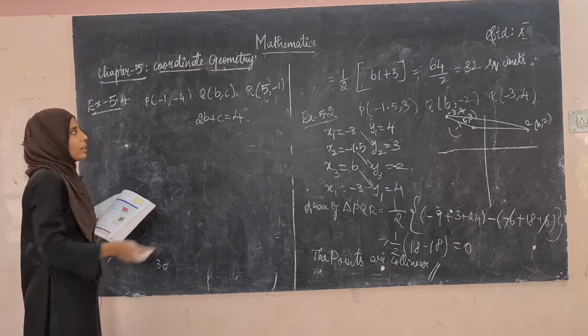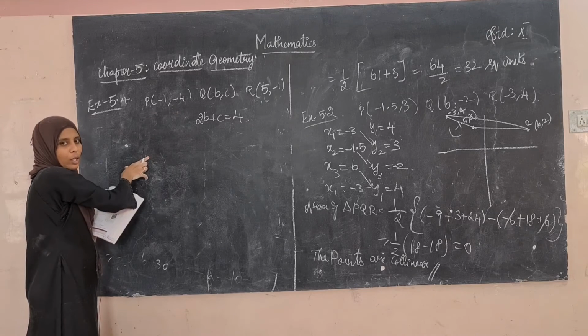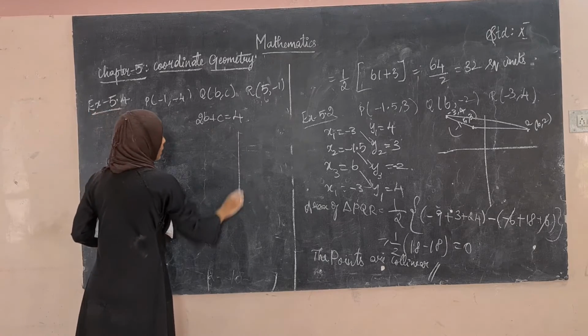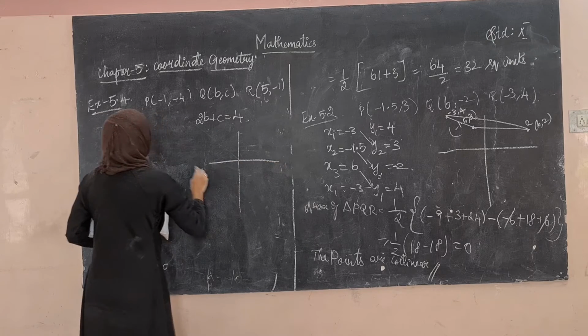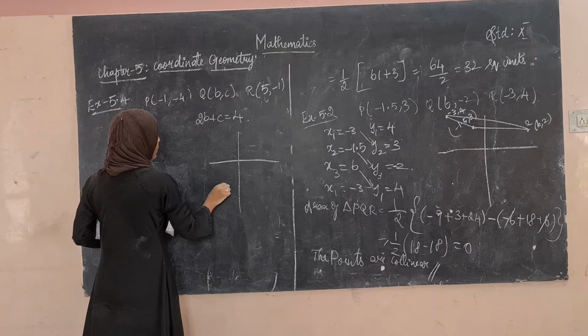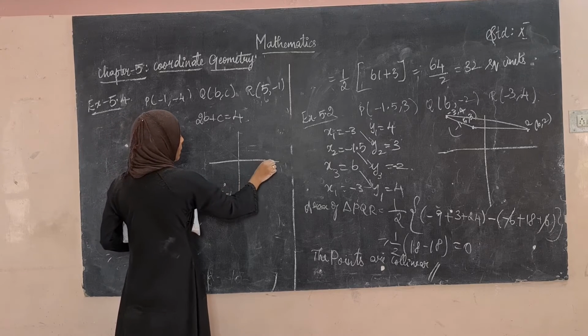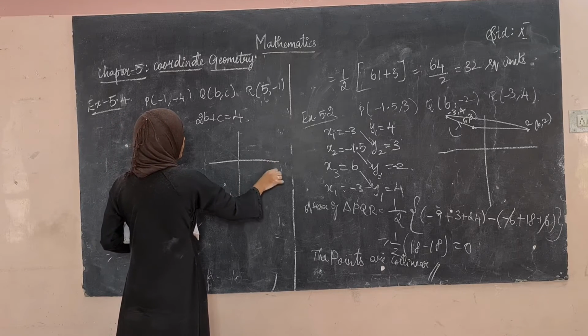Collinear means if you find the area of the triangle using these points, it will be equal to 0, and they have given a condition. So first let us mark the points. Minus 1 comma minus 4, B comma C and 5 comma minus 1.